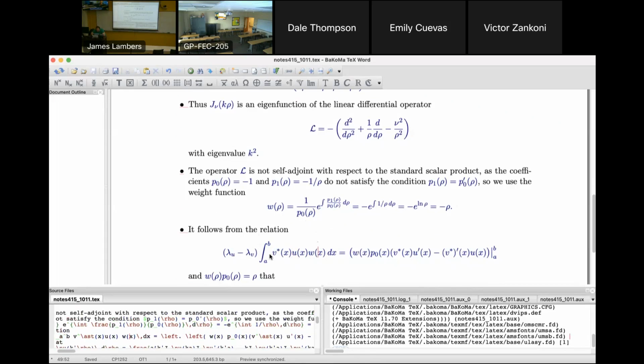What was worked out previously was that this integral turns out to be equal to this. It can be integrated exactly. So we have v conjugate u prime minus v conjugate prime u, times w p naught, evaluated between the limits a and b, whatever a and b may be.